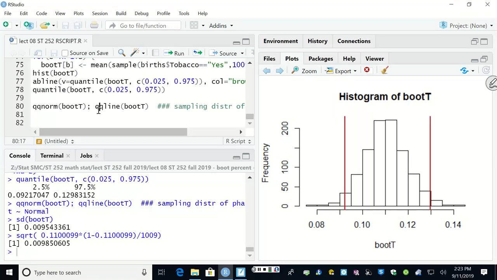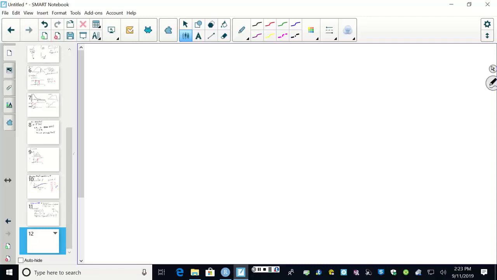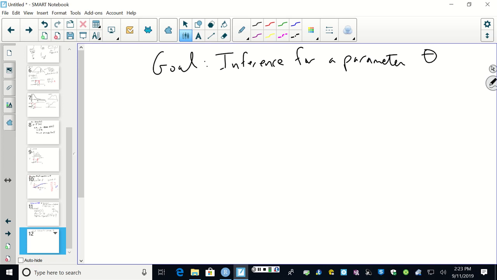And so again, the big theme is our goal as an inference for a parameter, say theta generically. We have an estimator T, some function of our data that estimates theta.